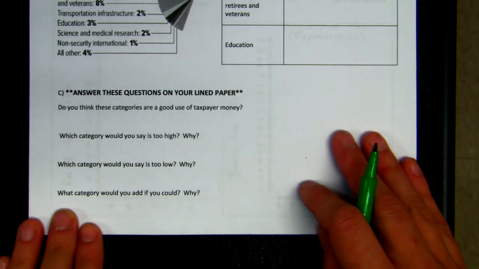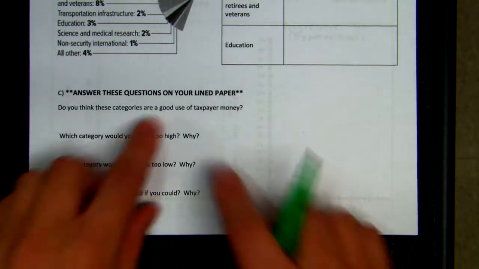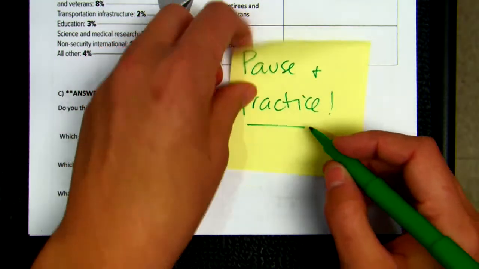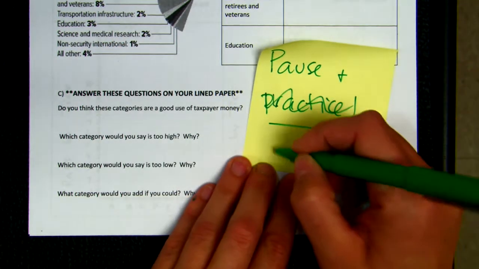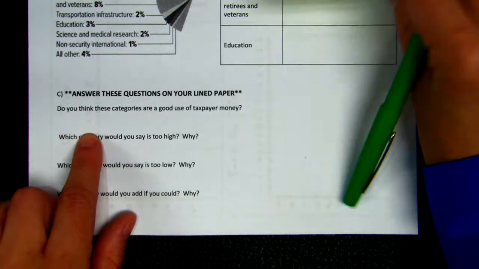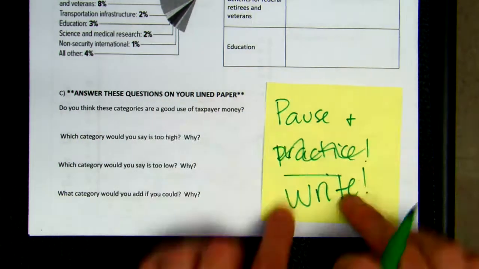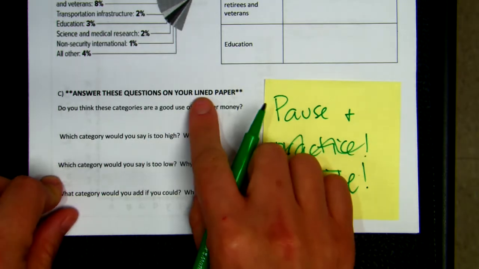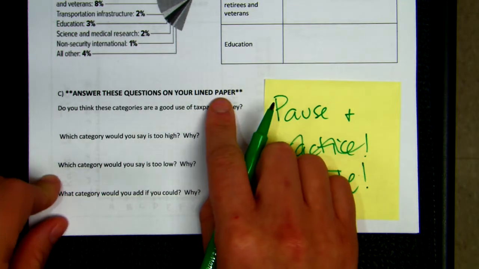When you resume the video, you're going to pause again, and instead of practice this time, you're going to pause and write. You are going to answer these questions where it says pause and write on your lined paper from the front of the room.